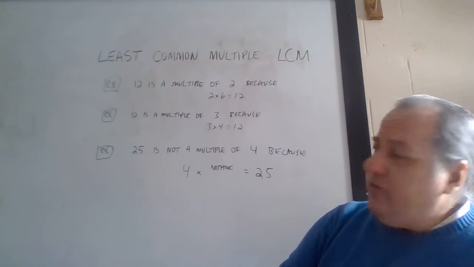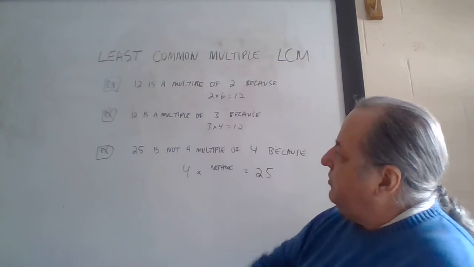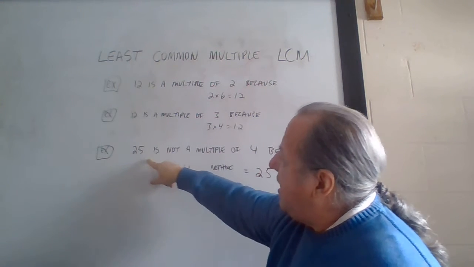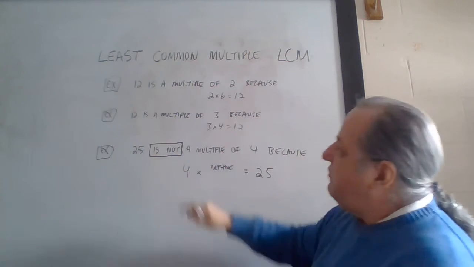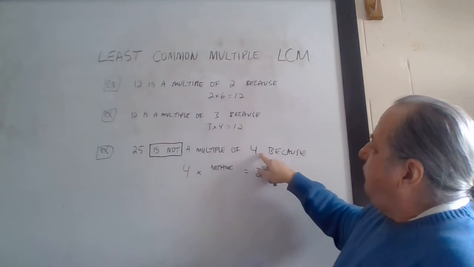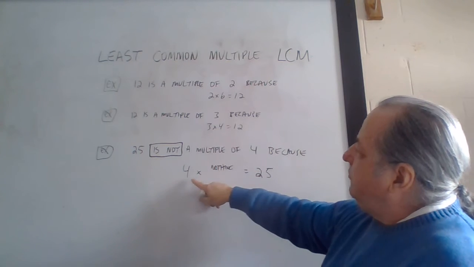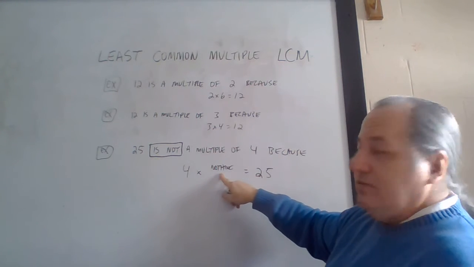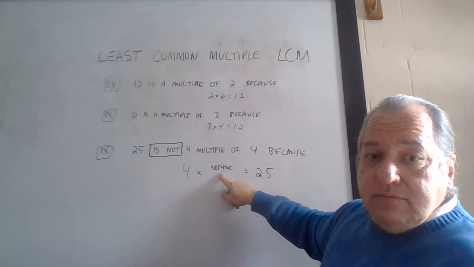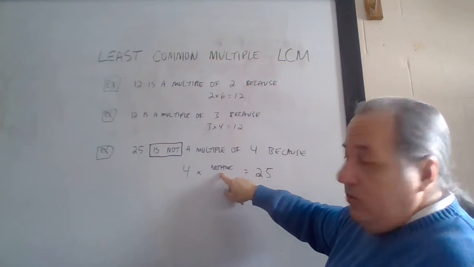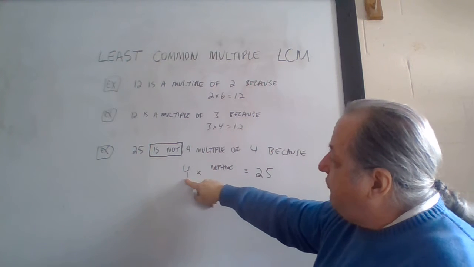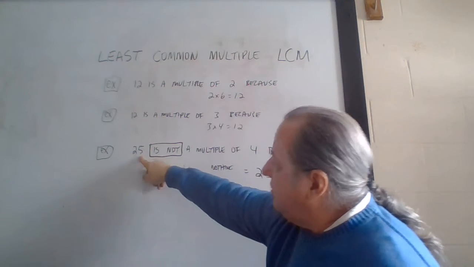And then a negative example, 25 is not a multiple of 4 because 4 times nothing equals 25. You cannot think of a whole number to multiply 4 by to get the bigger number.